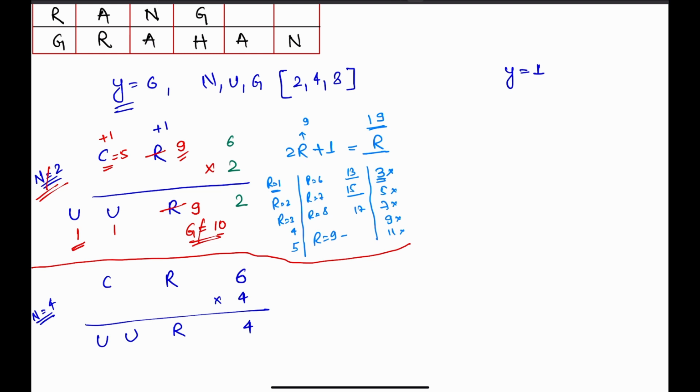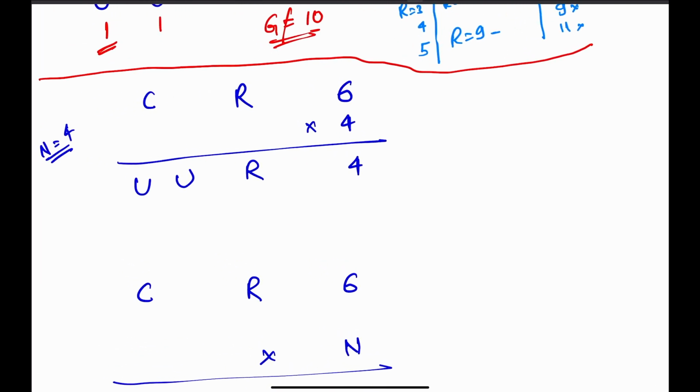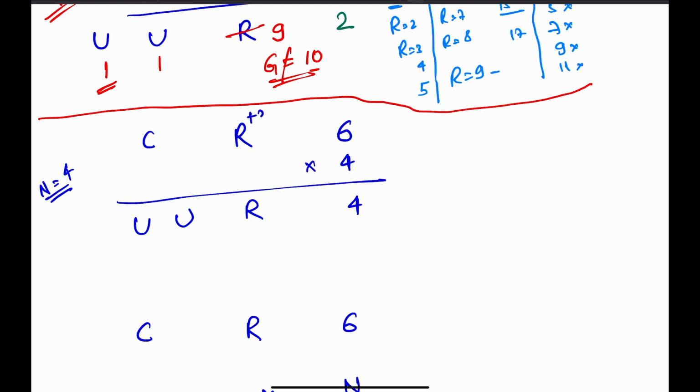But if I take y equal to 1, then NUG could be anything from 1 to 9, which is why I have to take this value. 6 fours are 24, so plus 2 will be here. So again same concept, 4r plus 2 equal to r, last digit as r.